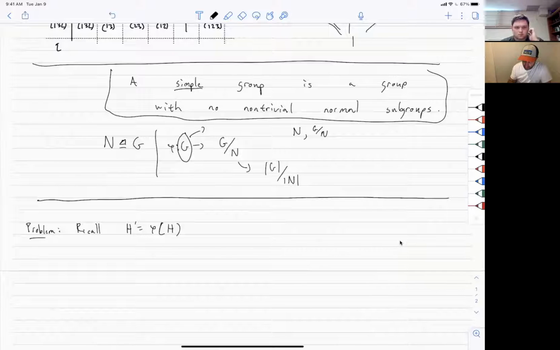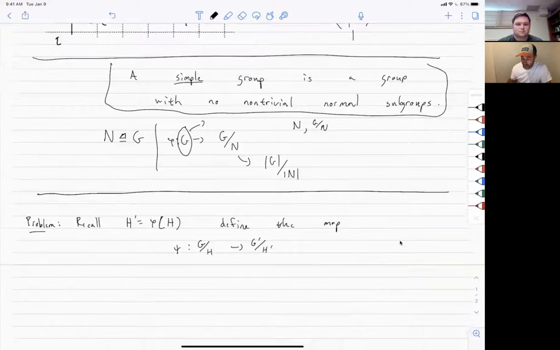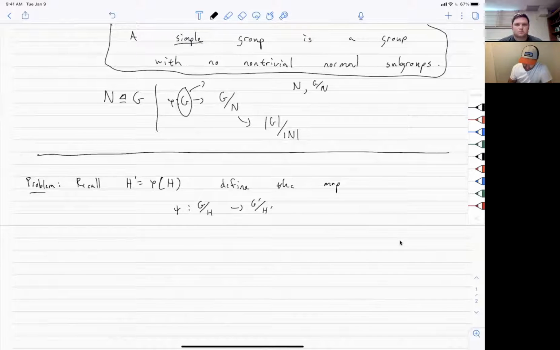Okay, so now define the following map, G over H to G prime over H prime. And let's give it a name. I'll call it psi. And what is psi? I need to define it.